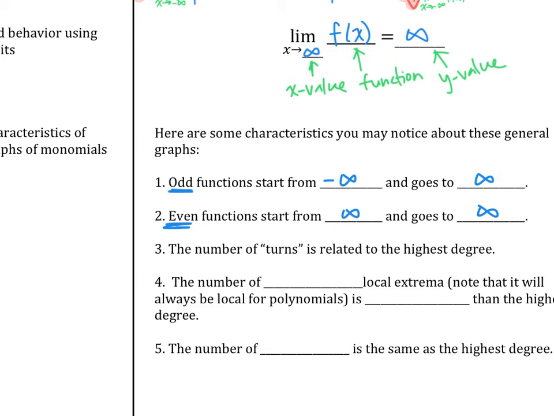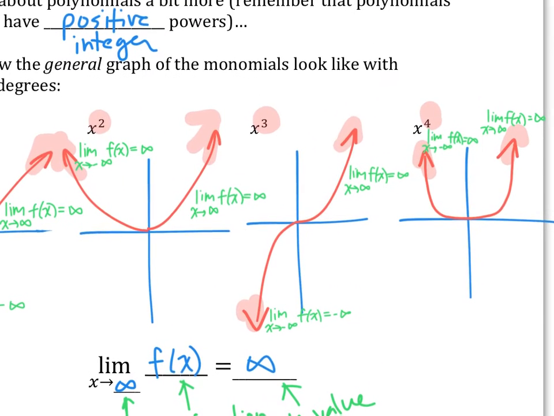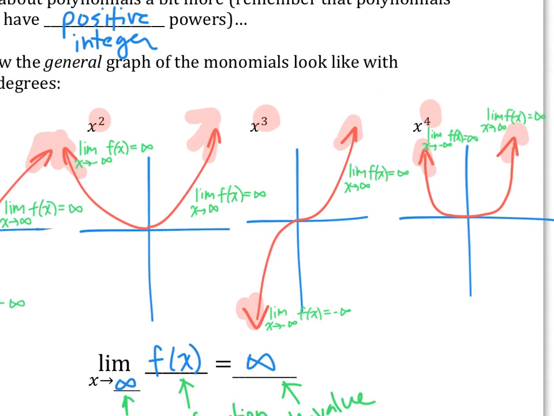The other thing that we're going to notice later on is that the number of terms is related to the highest degree. So what does the number of terms mean? Instead of drawing it as an x cubed, if I had a polynomial with an x cubed, I would see it going like this. And then x to the fourth would look more like this.